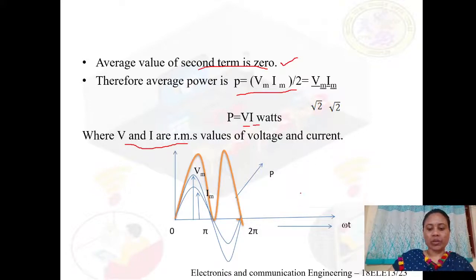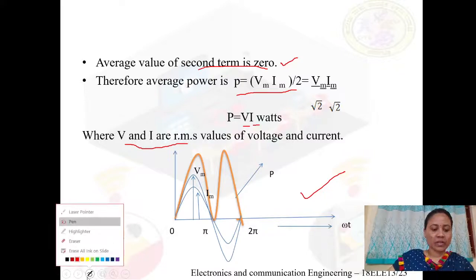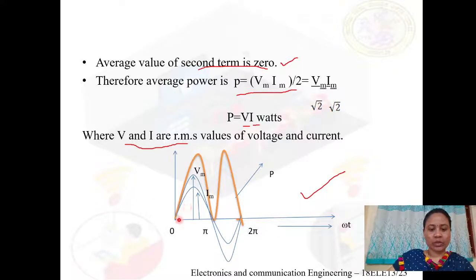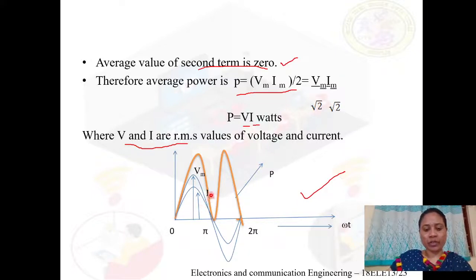We can also draw the waveform for the instantaneous power, which we have shown here. So these are the two waveforms written with the blue lines, they indicate the current and the voltage.